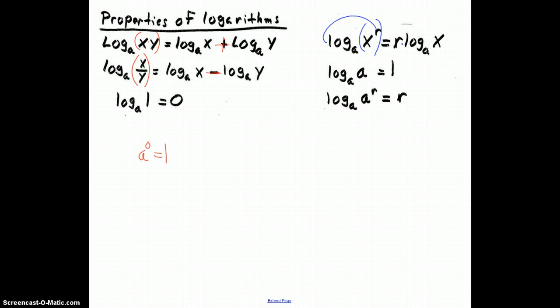So it's the exponent times log base a of x. As an example, log base 3 of 9 to the 4th can be rewritten as 4 times log base 3 of 9.